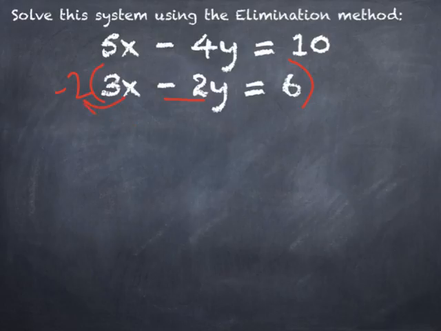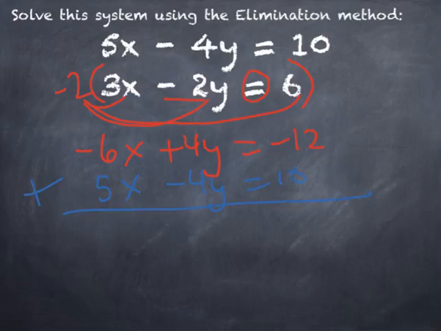Now I need to make sure that I multiply every single thing by negative 2 since it's an equation. Doing that gives me negative 6x plus 4y equals negative 12. And my original equation on top was 5x minus 4y equals 10. I'm going to add those two equations together, leaving me with negative x.